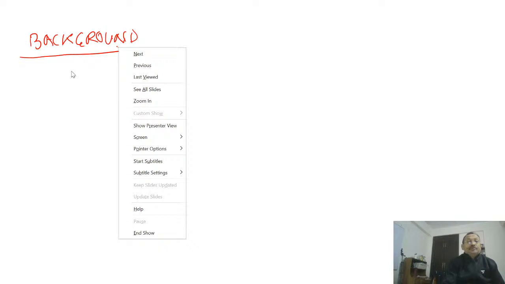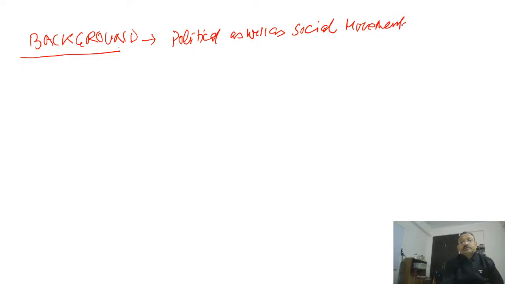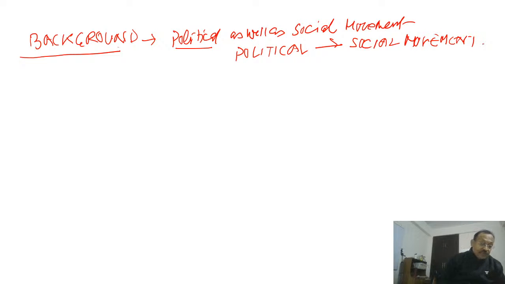What important thing you should keep in mind is that Italian unification was a political as well as a social movement that consolidated different states.